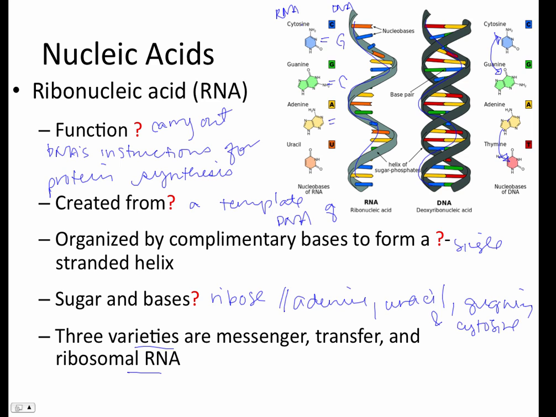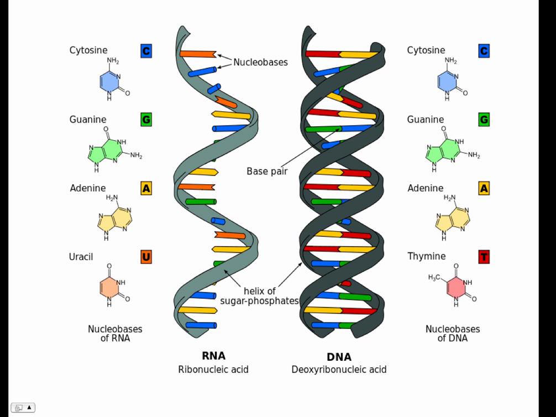Now if we have a thymine, we're going to have an adenine. But if we have an adenine here on our DNA, then our complementary is going to be uracil. Okay, so this is our RNA strand and this is our DNA strand. So these are the ones that might get a little confusing, but these are the only changes that you need to know for that.